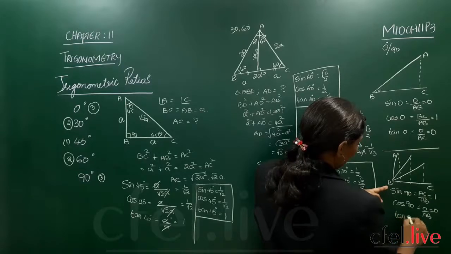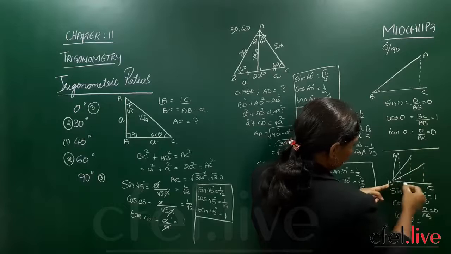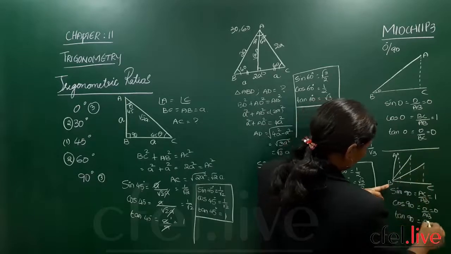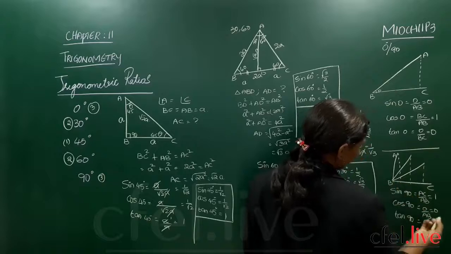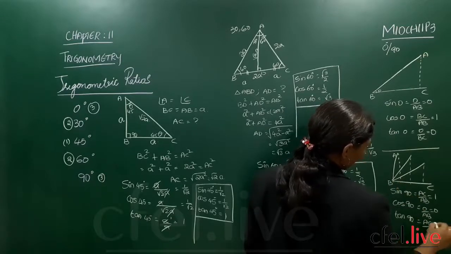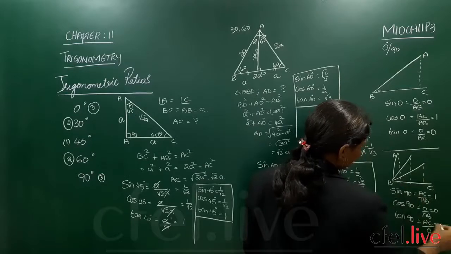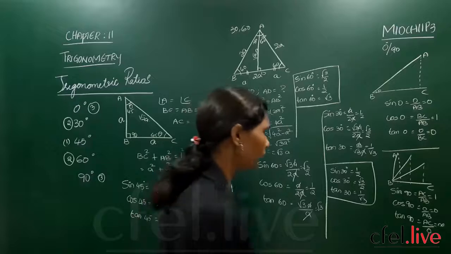Now tan 90. Tan 90 is opposite by adjacent. So opposite you have AC. Adjacent, what do you have? BC is 0. So AC by 0 is nothing but infinity. So tan 90 is infinity.